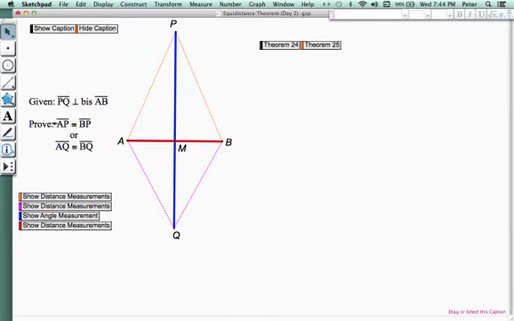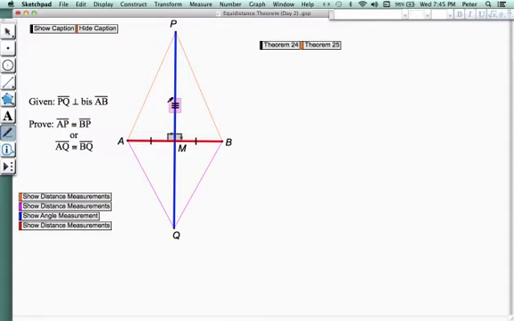So, since PQ is a perpendicular bisector, I know that angle AMP and angle BMP are right angles, because if two segments are perpendicular, they meet at right angles. And since PQ is a bisector, I know that AM is congruent to MB. And then by the reflexive property, PM is congruent to itself.